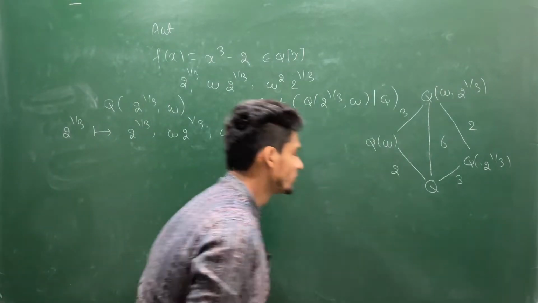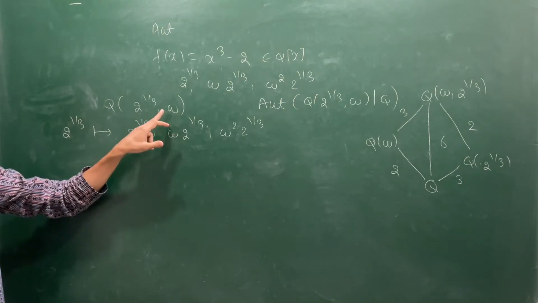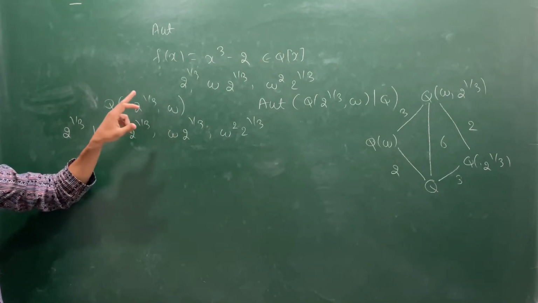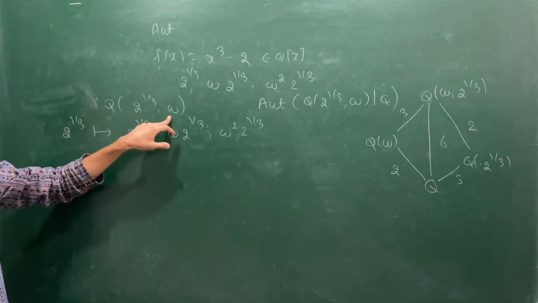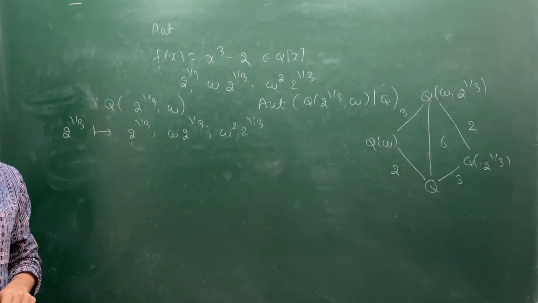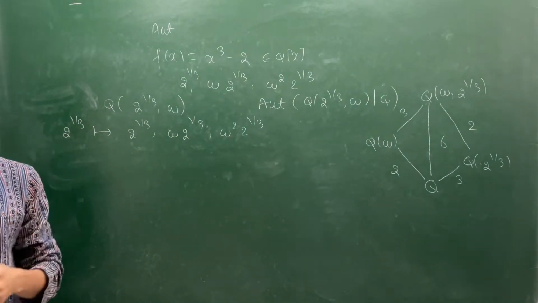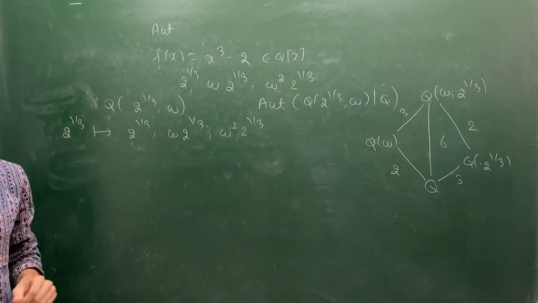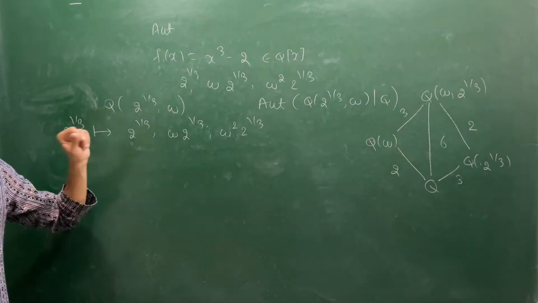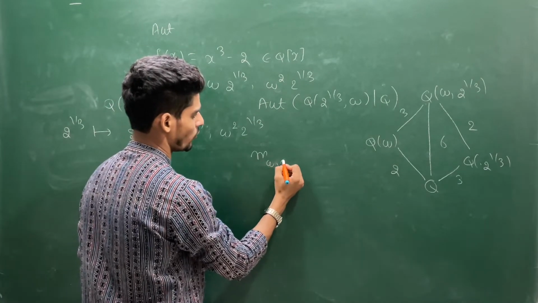So we need the image of omega. You need to construct some polynomial over Q containing omega as a root. You can create x to the power 3 minus 1, but I will always say you construct the smallest possible polynomial with respect to the degree. So you try to create the minimal polynomial. What will be the minimal polynomial of omega over the rationals?